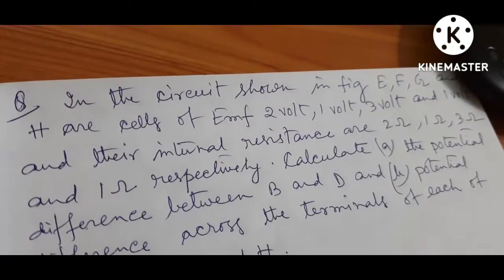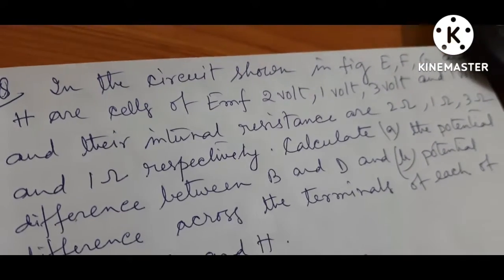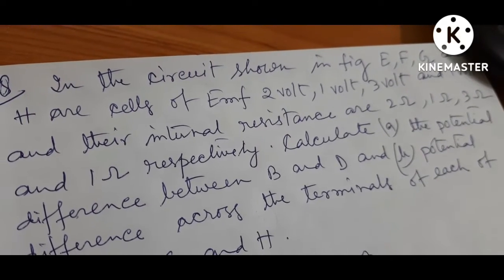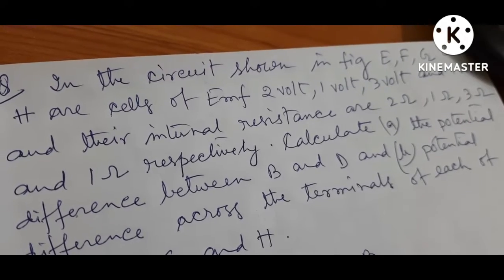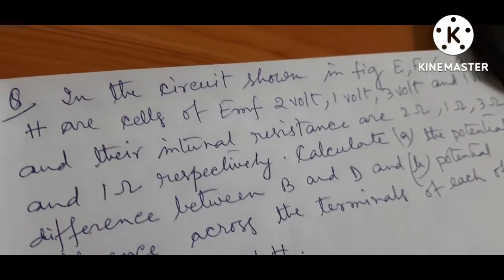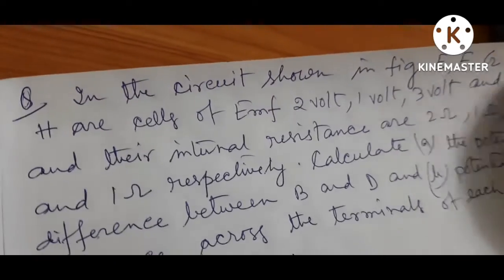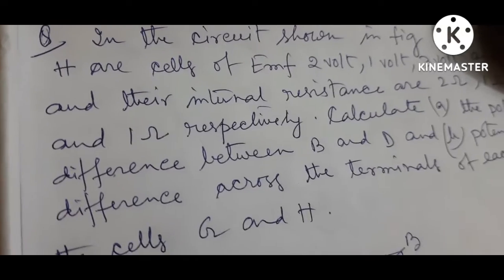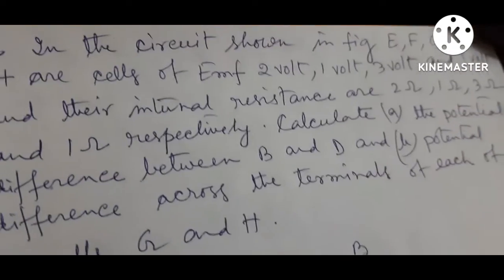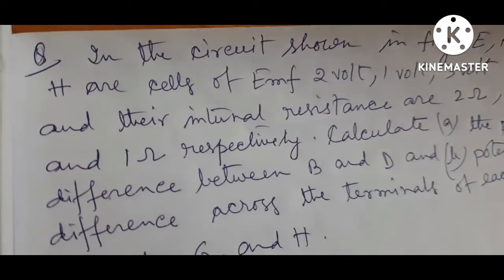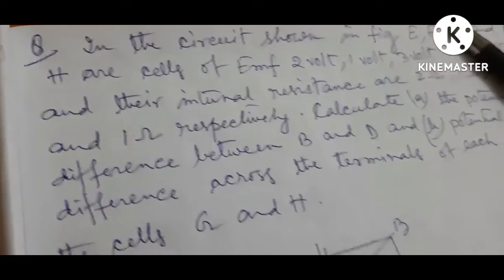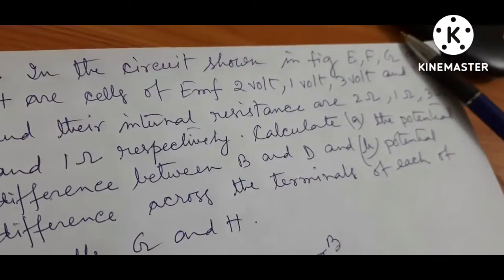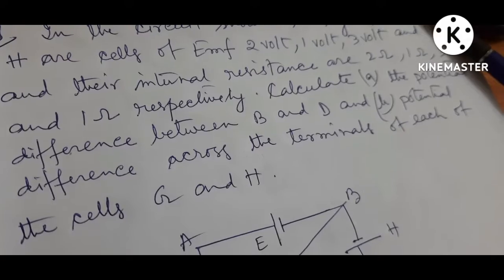With this video, I am going to discuss a problem from the chapter Current Electricity of class 12 CBSE. In the circuit shown in the figure, E, F, G, H are cells of EMF 2 volt, 1 volt, 3 volt and 1 volt, and their internal resistances are 2 ohm, 1 ohm, 3 ohm and 1 ohm respectively.